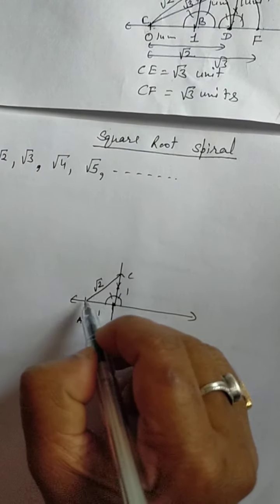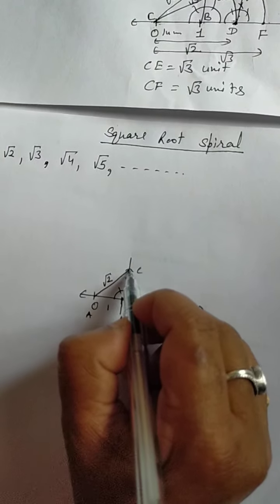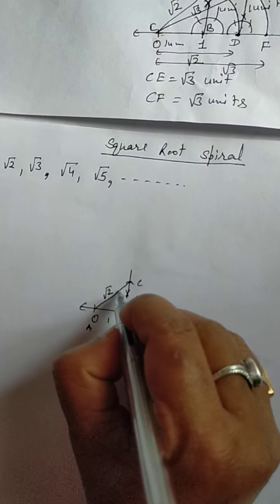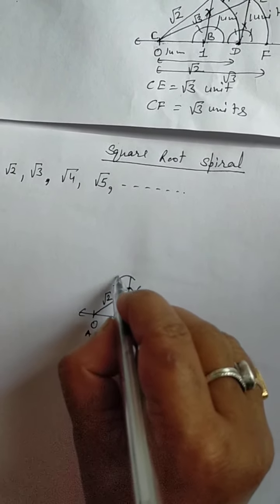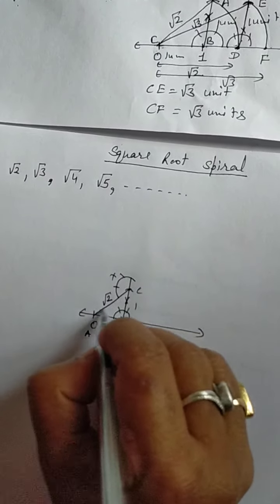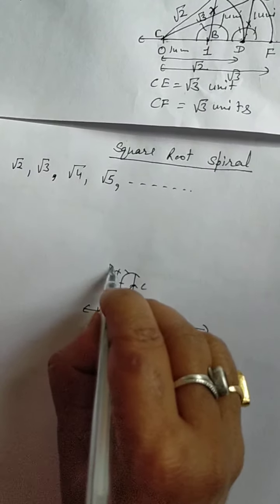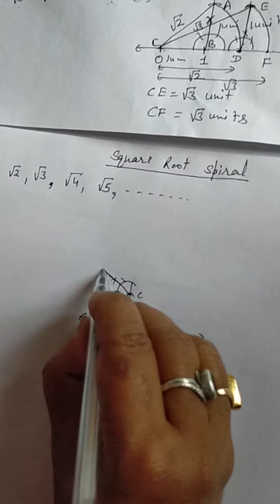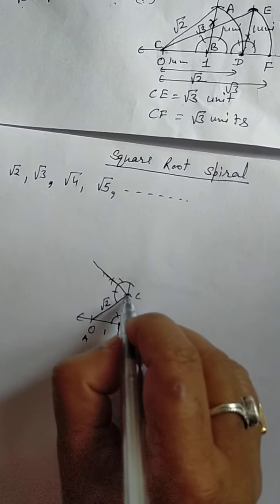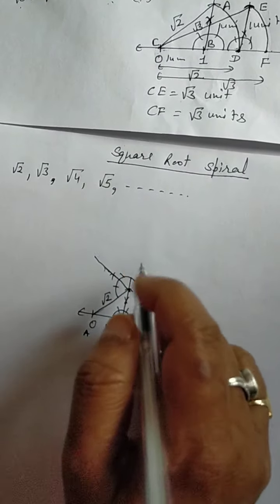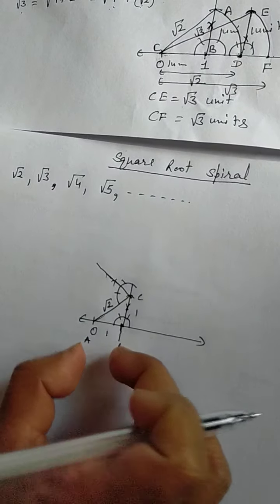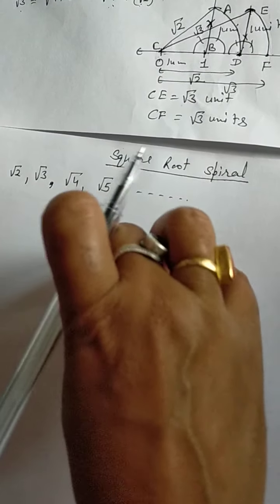Then you consider AC as base, and on AC you again draw an angle of 90 degrees with the help of compass. Suppose this is the 90 degree ray. Then again you cut an arc equal to 1 unit, AB 1 unit, BC 1 unit. You have to take this 1 unit.